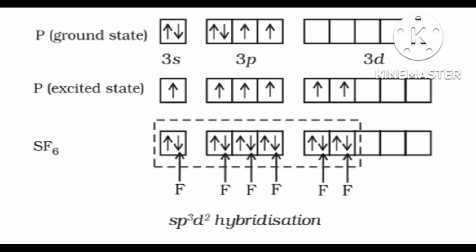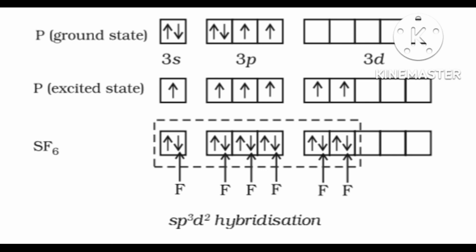Now I have already told you how the bond is formed. Next, you can see in this example how the bond is formed. Now I am giving an example of sp3d2 hybridization.